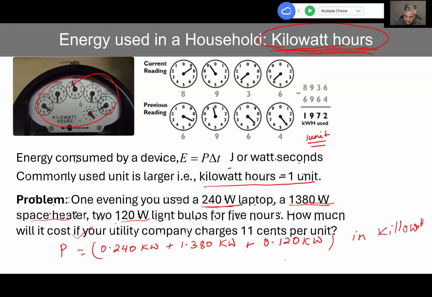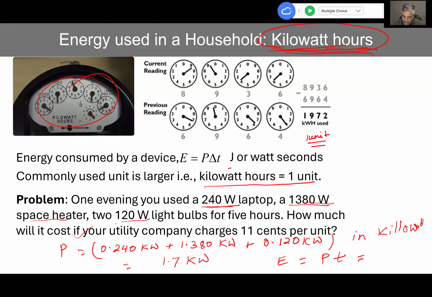So you add these numbers. So how much is that? Around 1.7, let's say. You do the math, okay? Around that much kilowatt. And then now, how much energy did you spend? So that is power times time interval.